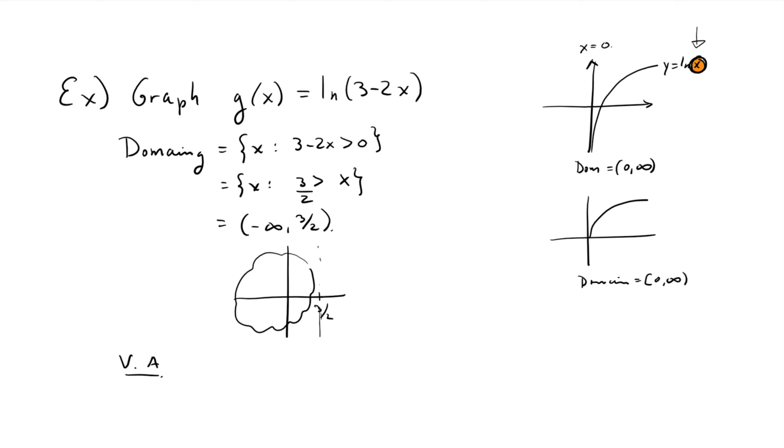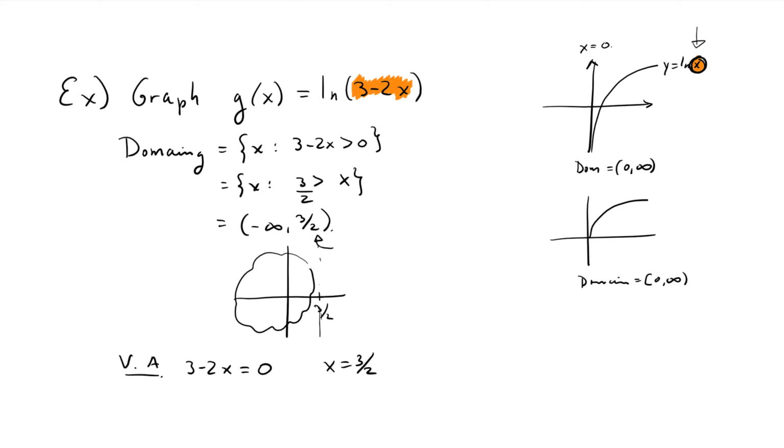So here, obviously, x equals 0 will be where we find the asymptote. In our case, it's where this expression is 0 that we'll find our vertical asymptote. So 3 minus 2x needs to be equal to 0. Solving for this, we get that x is 3/2.